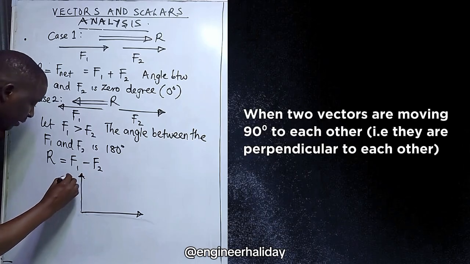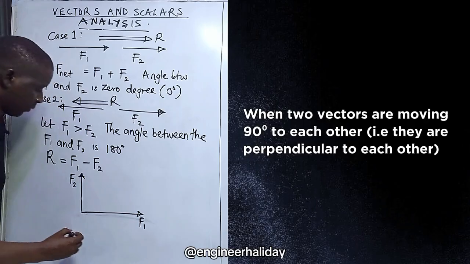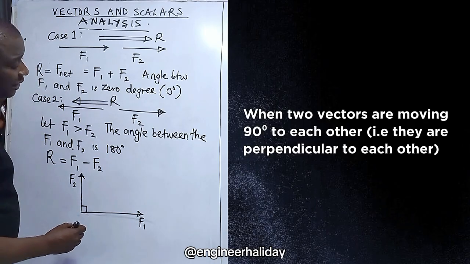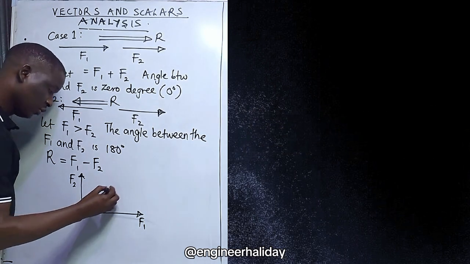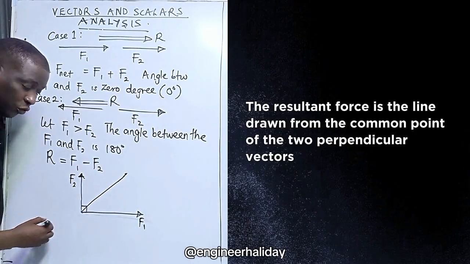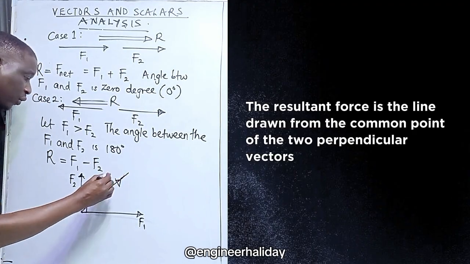Let's call this one F1 and this one F2. The angle between them is 90 degrees. Now, how do we calculate the resultant force? The resultant force will be a line drawn from the meeting point of the two of them, at the point of the right angle.